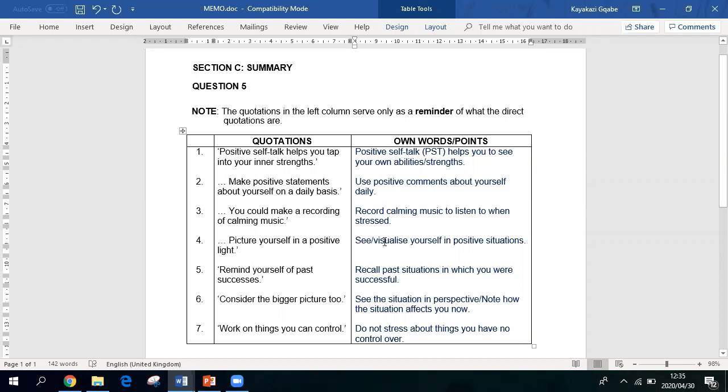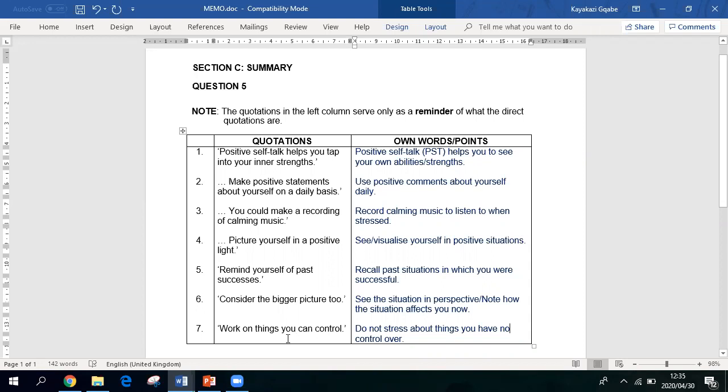Instead of saying picture yourself, we said see yourself or visualize yourself in positive situations, okay? So picture has been changed into see or visualize, okay? Instead of saying in a positive light, we said in positive situations, okay?